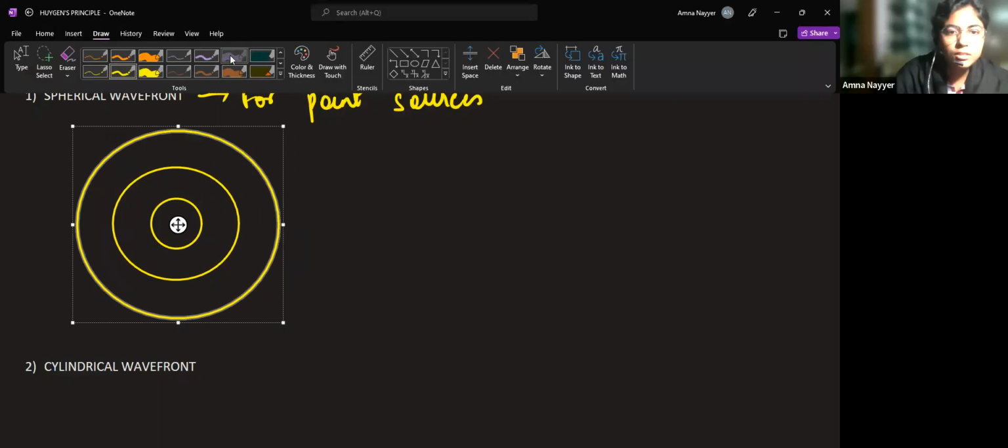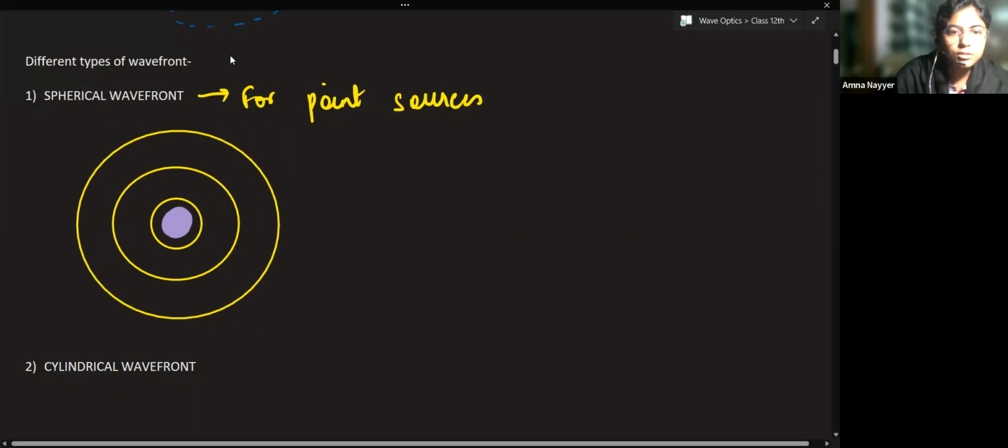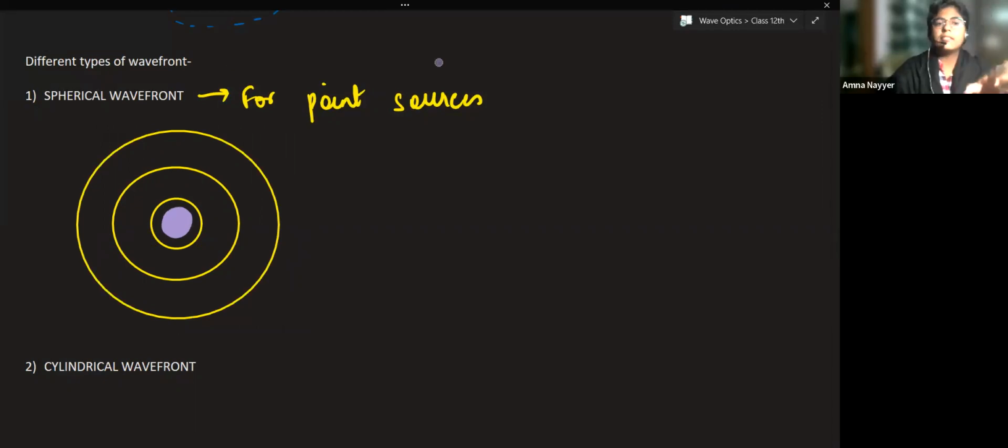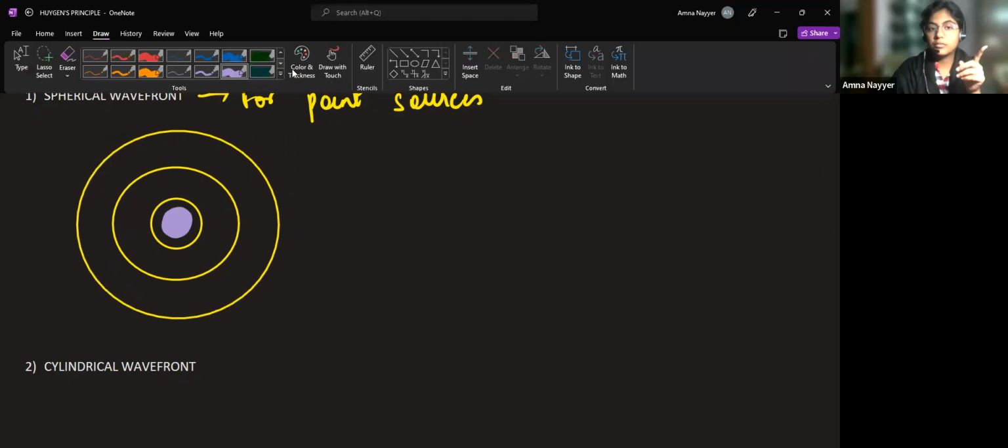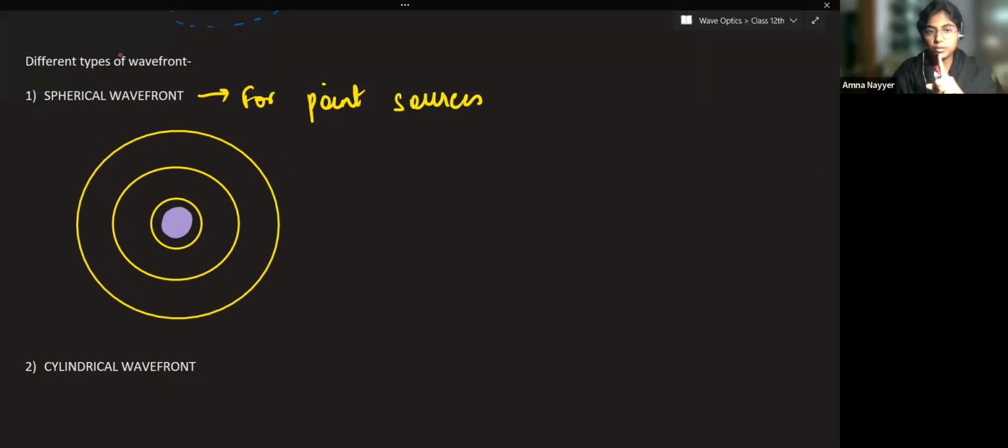See, this is the source. Let's say this is the source. So these spherical wavefronts are created because of this source, and this source is a point source. Now, how will I draw the rays? These concentric circles that you are able to see are the wavefronts, because these have been created as a result of the disturbance from this point source.